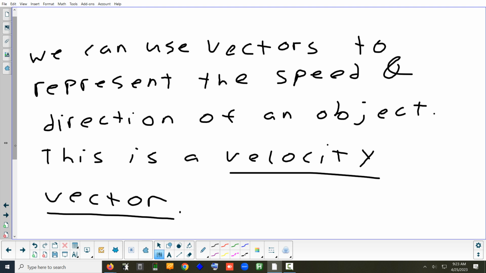And if you describe something moving with a vector, that's called a velocity vector. So we're going to look at how we can write the formula for a velocity vector right now.